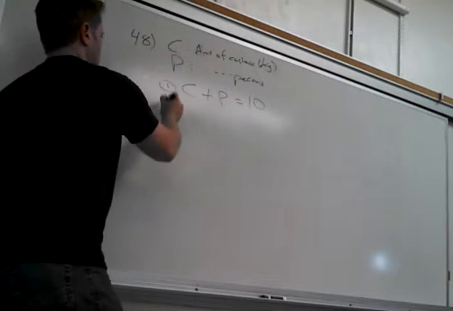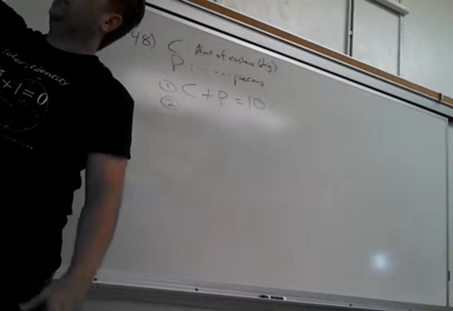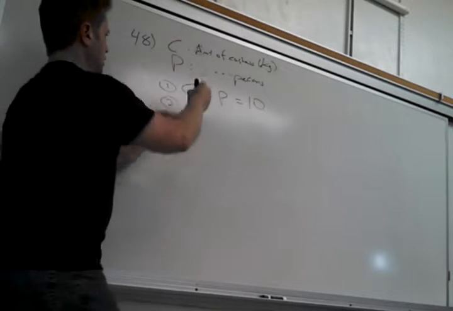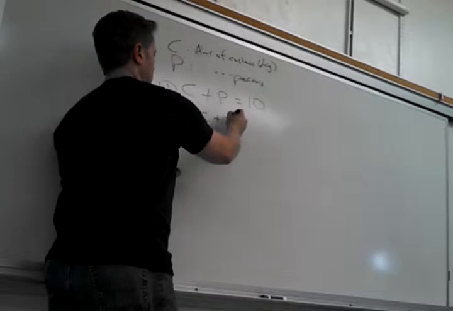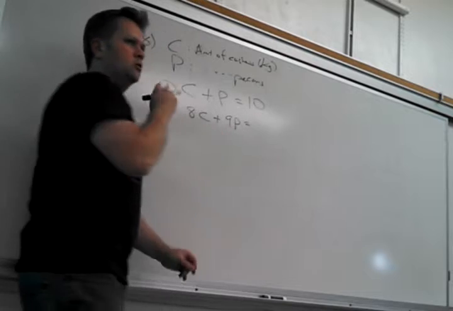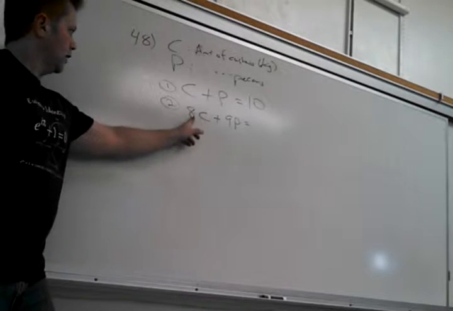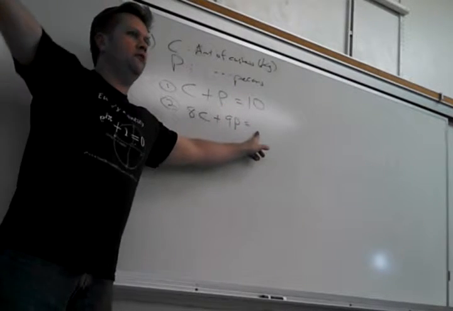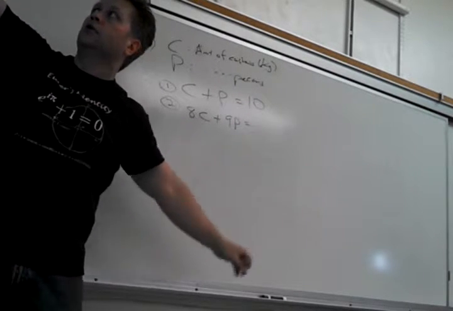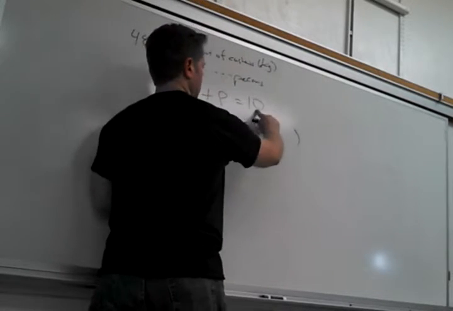So what about the second equation? Good. 8 per kilogram, so the total cost of the cashews is 8 times C, plus 9 times P. Here's where people have to be careful. It's price per kilogram times kilograms, price per kilogram times kilograms. The price per kilogram for the mixture is 8.40, and how many kilograms?